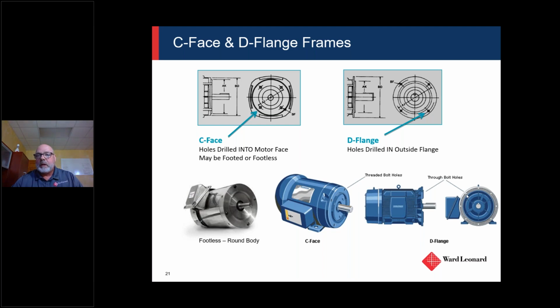So you would bolt through that into something, maybe a gearbox, maybe a vertical pump. That's the difference between the flanges, right? So it is a C-face and a D-Flange. That is the proper way to say that.